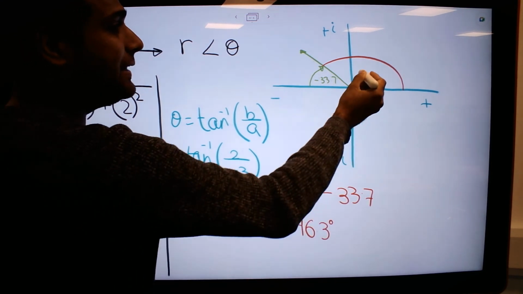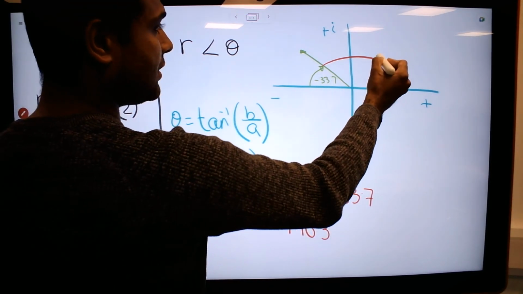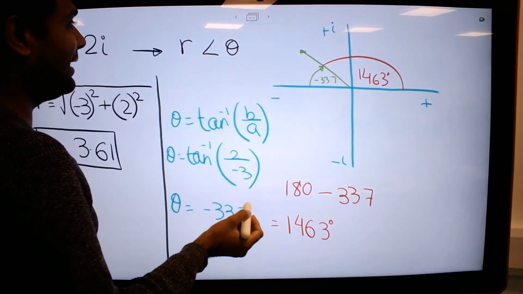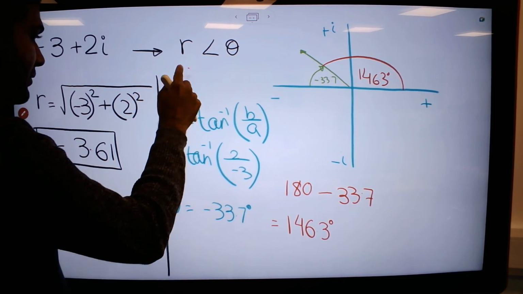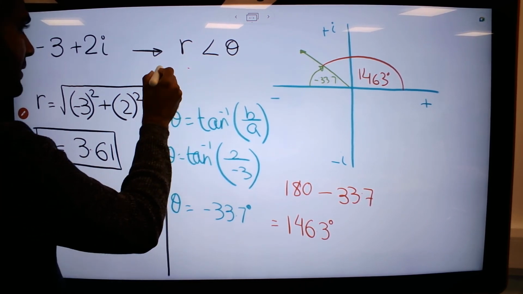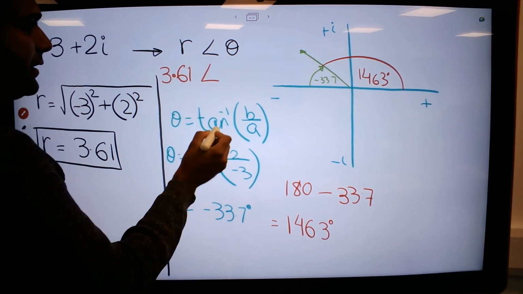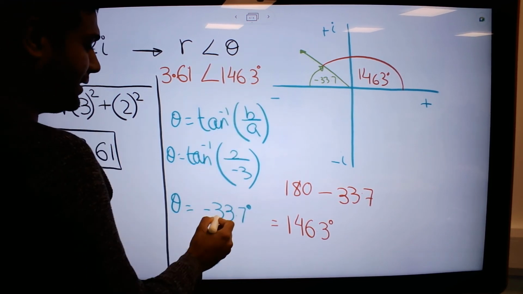So that will be this angle, 146.3 degrees. When you write that angle here, oh sorry, my mistake, that will be 3.61 at an angle of 146.3. You need to write this angle, not that angle.